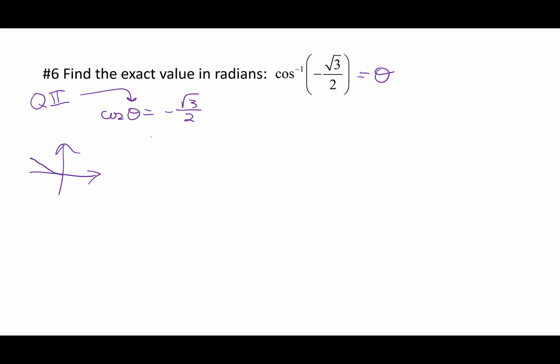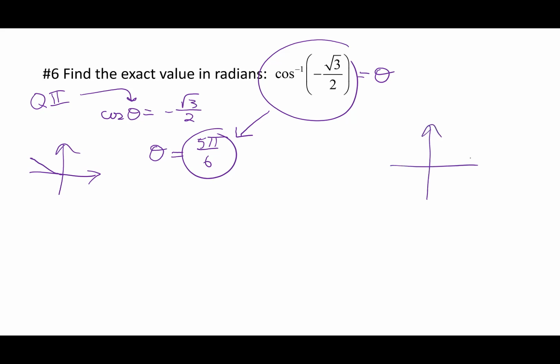And so we're going to have a reference angle of pi over 6, which means that theta here would be equal to 5 pi over 6. And 5 pi over 6 is what we get for the cosine inverse of negative square root 3 over 2. Okay, and again, you could have used your little half circle, remembering for the cosine, the half unit circle that we're interested in is like so.